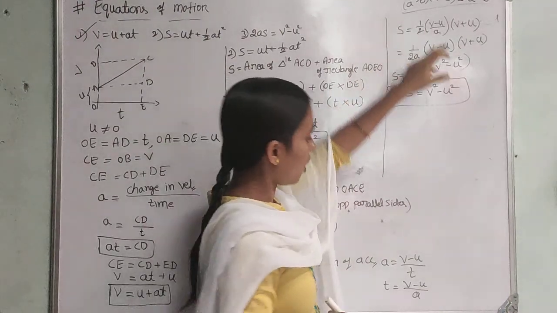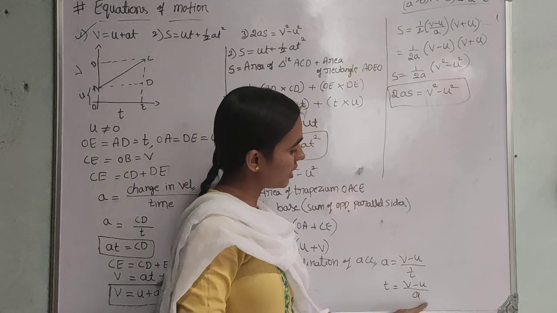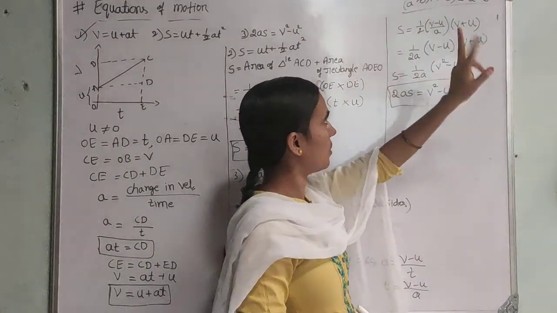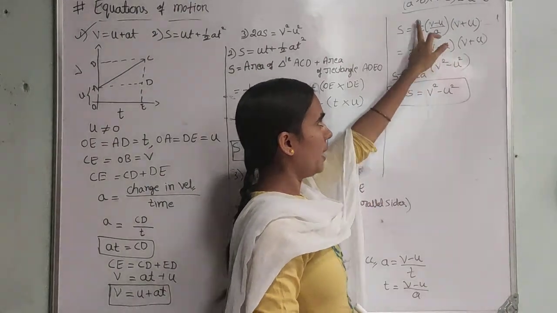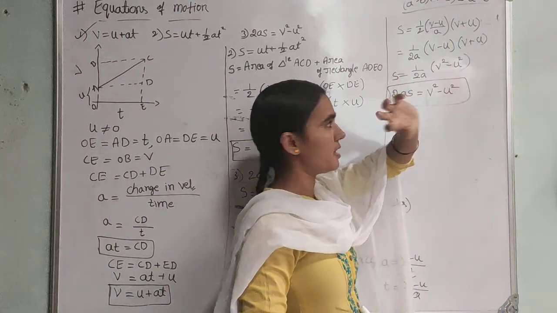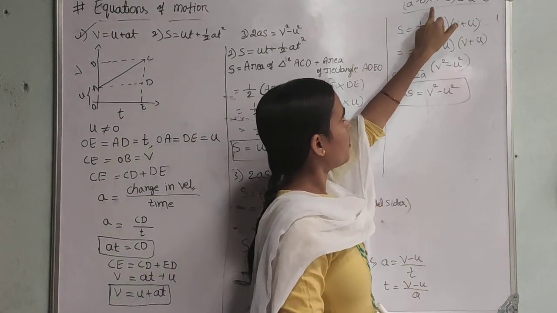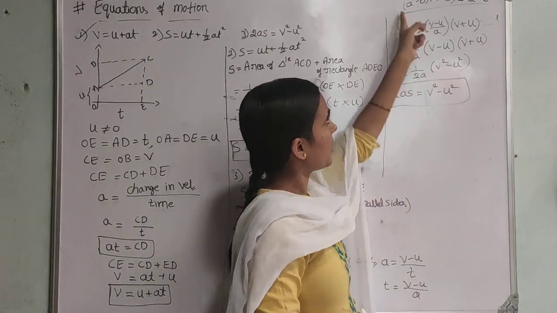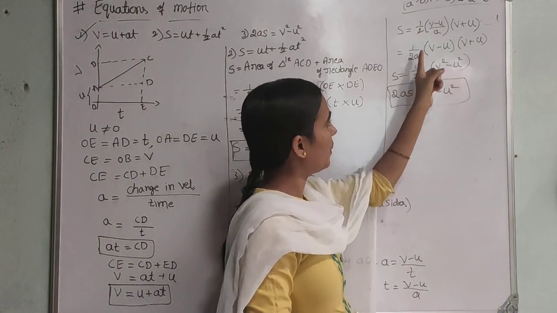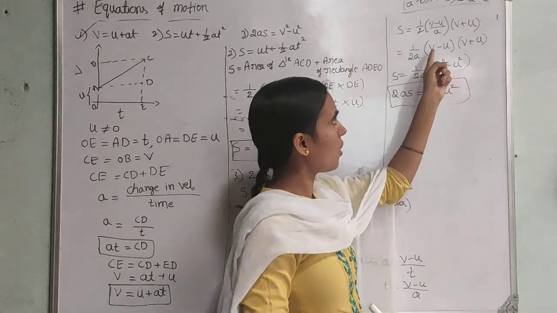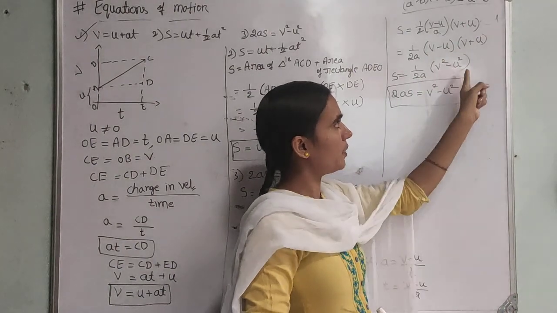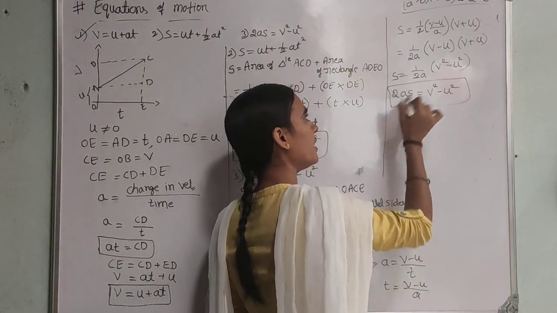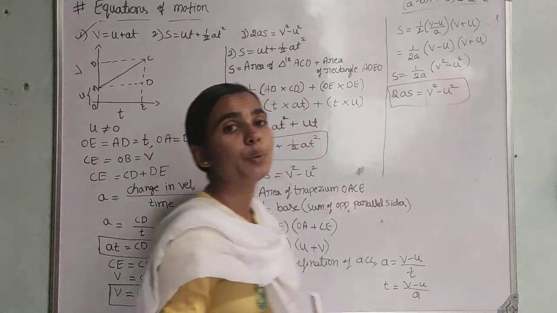So S is equal to half, and wherever T is there, the value is replaced by V minus U by A. So V minus U by A into V plus U. Then 2 into A is 2A, V minus U and V plus U as it is. We know the form of A minus B into A plus B equals A square minus B square. So it becomes V square minus U square. By cross multiplication, 2as is equal to V square minus U square.